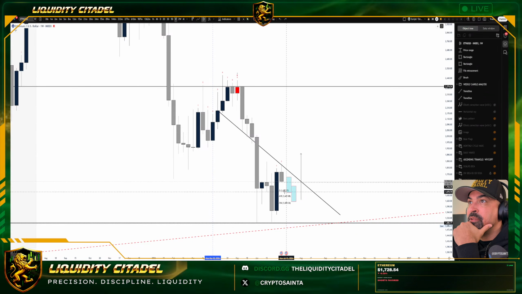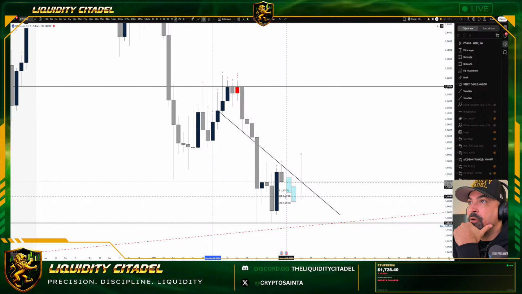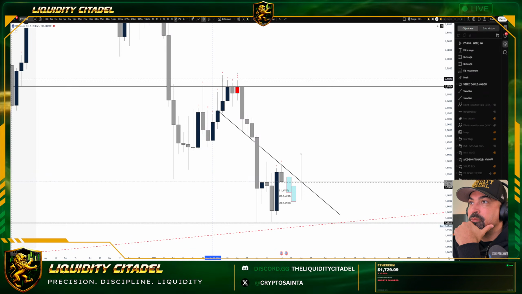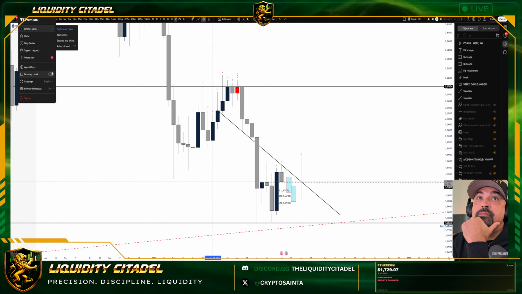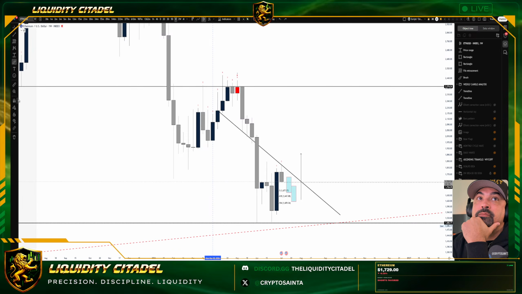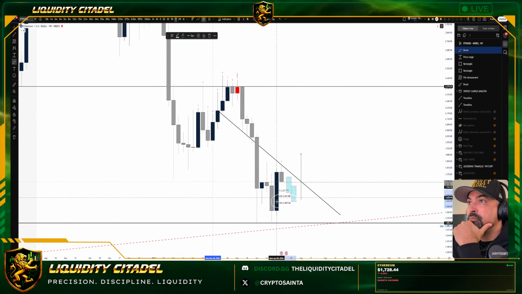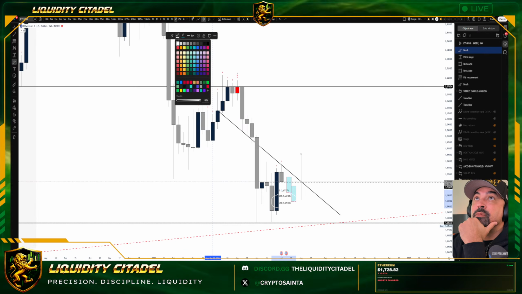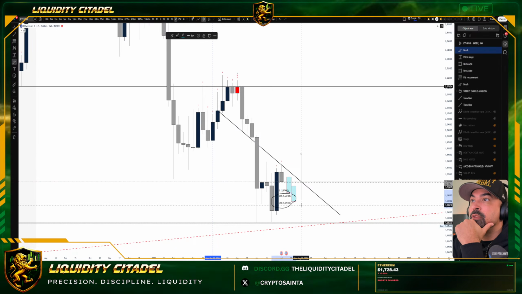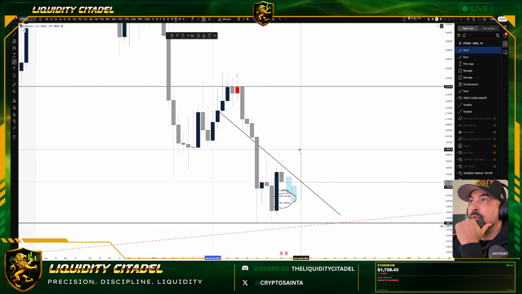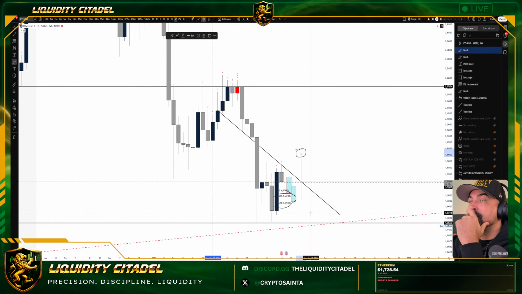I had mentioned that, but if I retrace a little bit harder down to like the 1630s inside those areas, if we can maintain this zone, we can get a push into this.